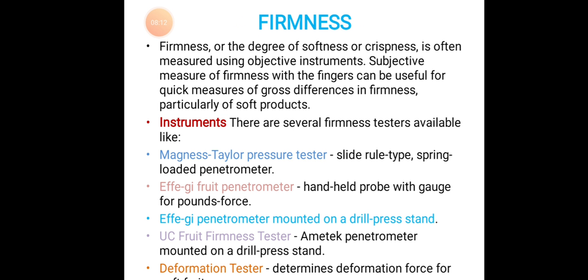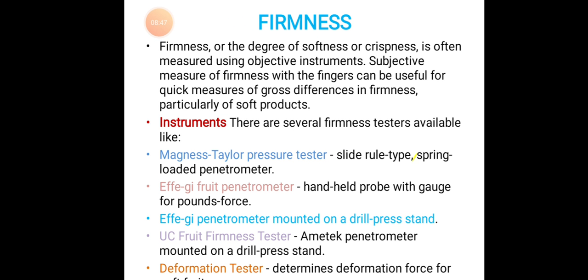There are several firmness testers available like Magness Taylor pressure tester, slide rule type, spring loaded penetrometer, FTA fruit penetrometer, handheld probe with gauge for pounds of force, FTA penetrometer mounted on a drill press, UC fruit firmness tester, Effegi penetrometer mounted on a drill press.